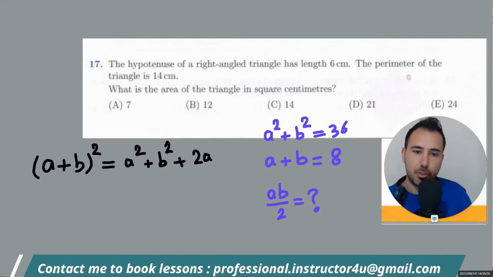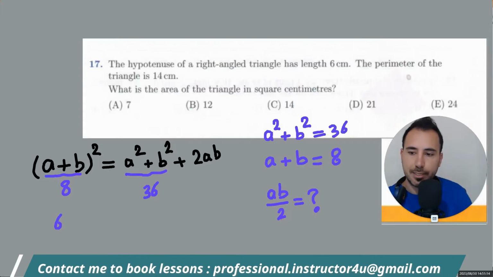We know that A plus B is 8, so this is 8 squared. A squared plus B squared will be 36. So there you go. We just can't find AB.